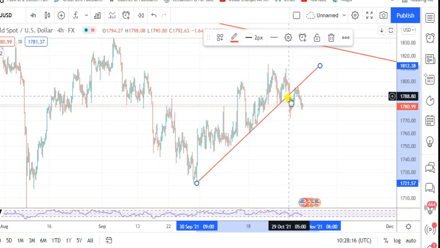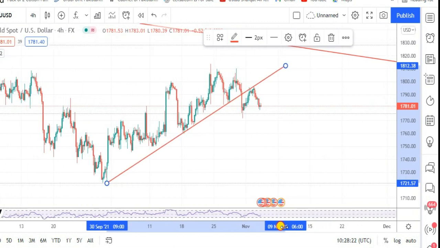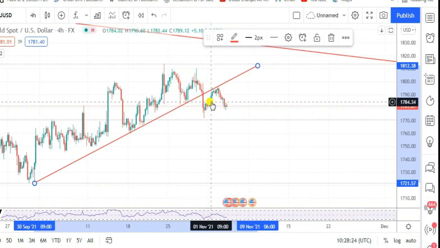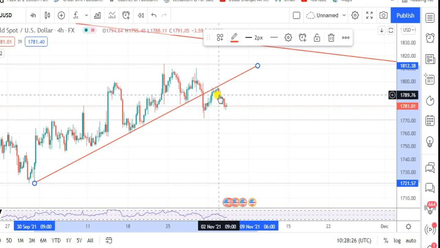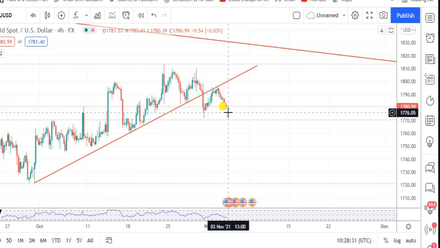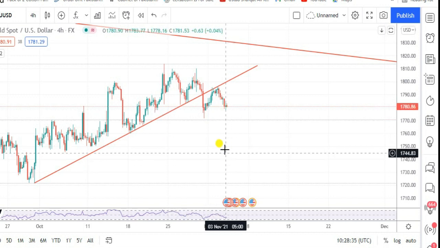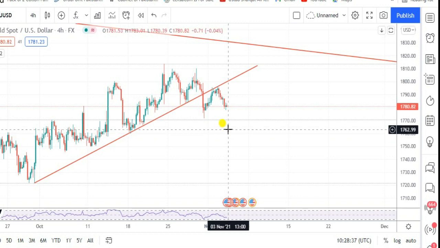Then after that the market has fallen. Why we were in buy trades, I would also tell you guys, but here you can see that the market is also in a proper sell. So the market could go to downside. At least 1750 is the area where the market can easily go, 1755 till 1760.